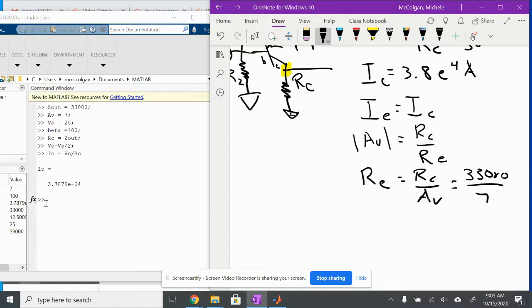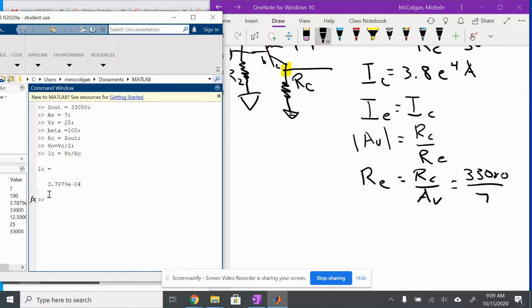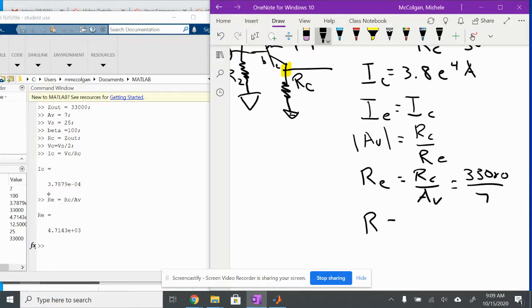So if I type that in, I get RE is equal to RC divided by AV. I get 4714 ohms. So 4.7K. That's RE.